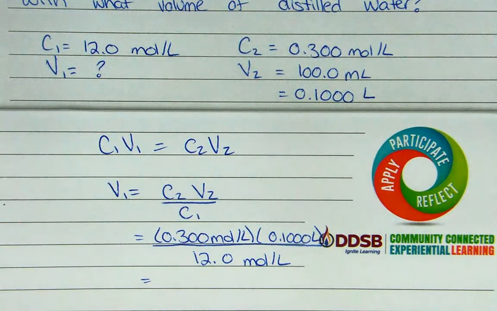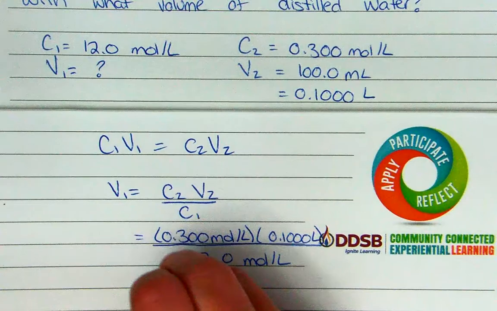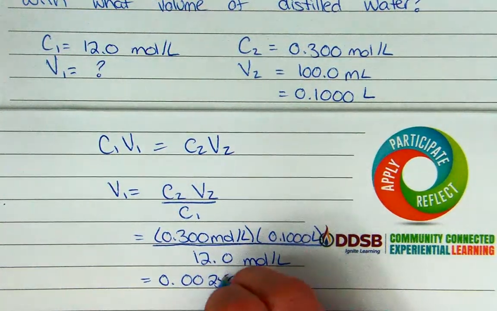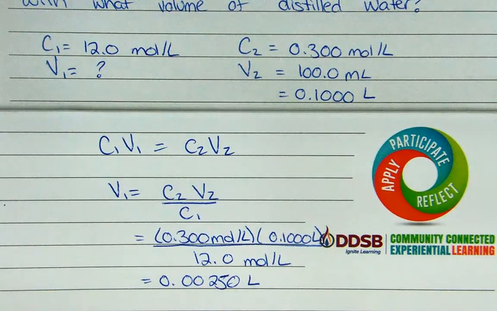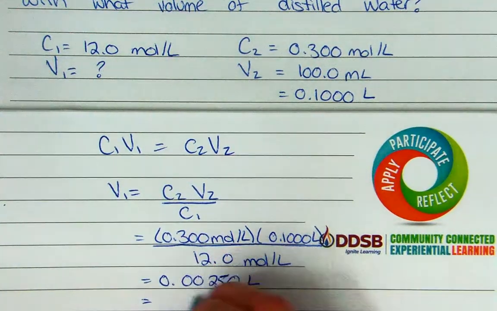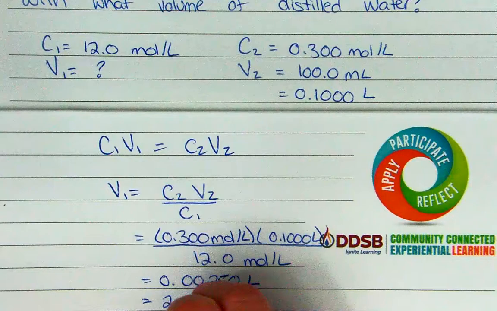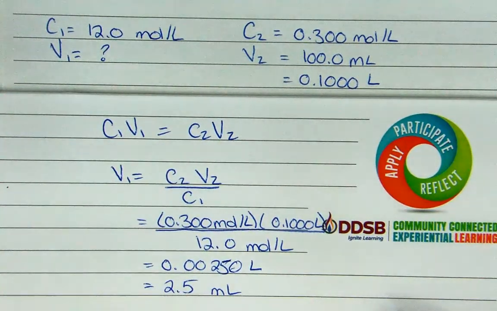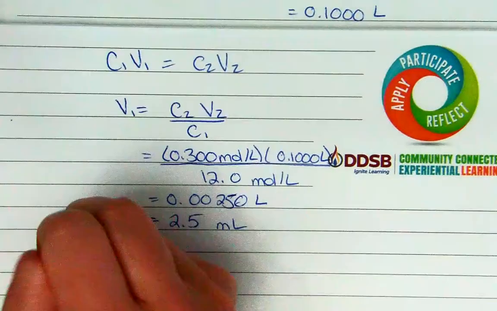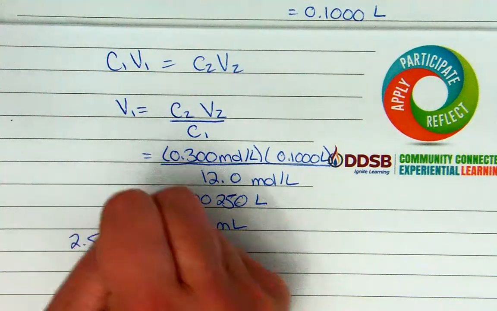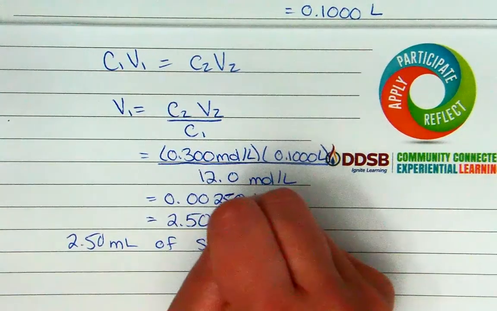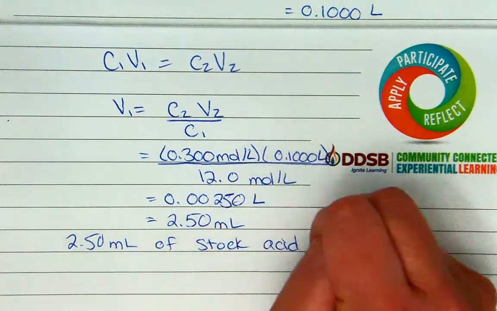So 0.3 times 0.1 divided by 12, that's 0.0025, and I have 3 sig digs, so 0.00250 liters, which I can convert to 2.50 milliliters. Right. So I see that 2.50 milliliters of stock acid are required.